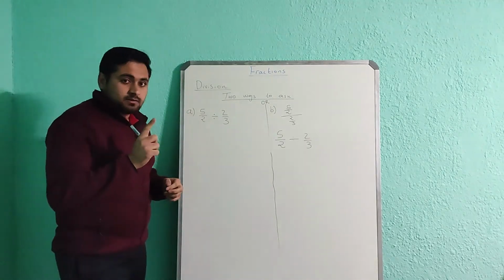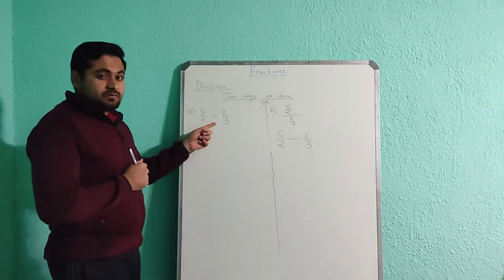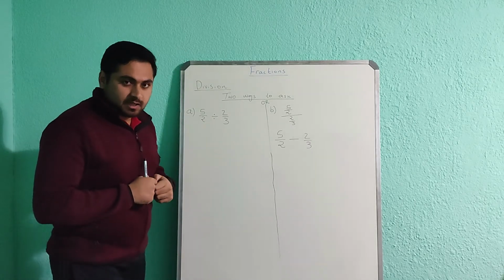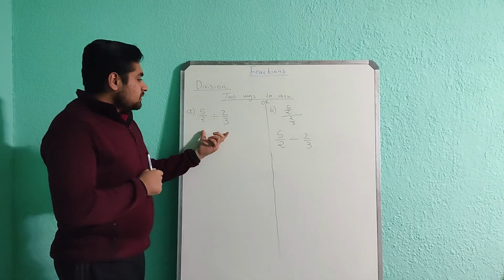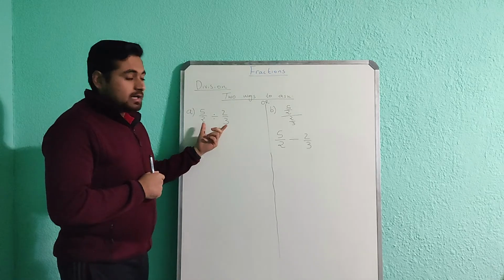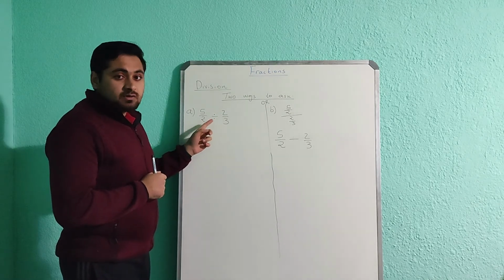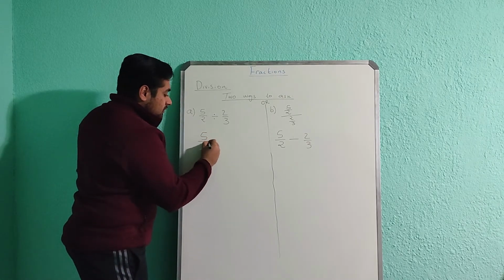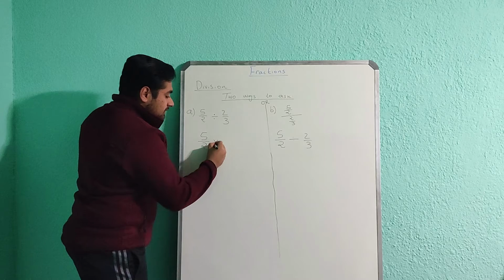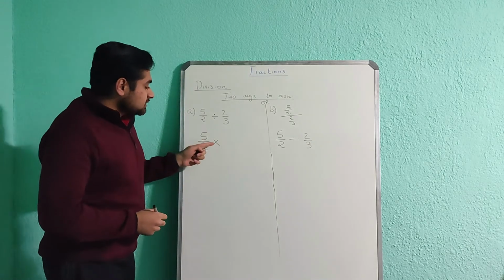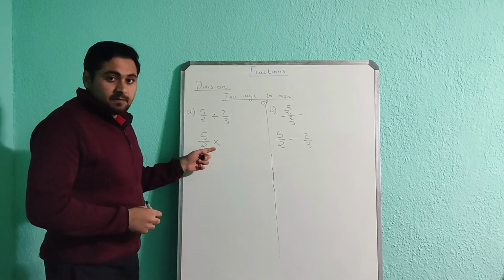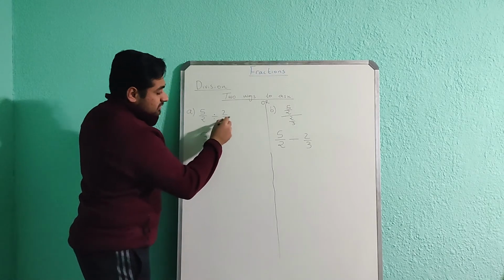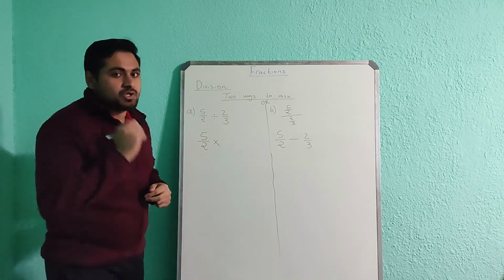So the first task for us is to change this division sign into a multiplication sign. So once we have got this question, now let's change the division sign to a multiplication sign. So we got 5 over 2 times. And once you change this division into multiplication, the next fraction after the division also changes.